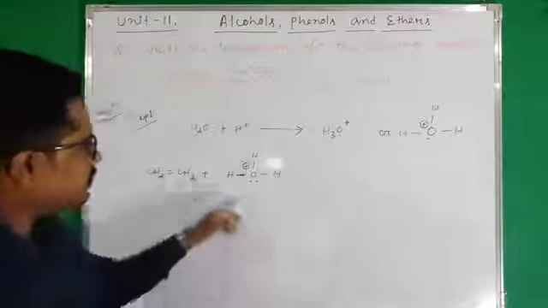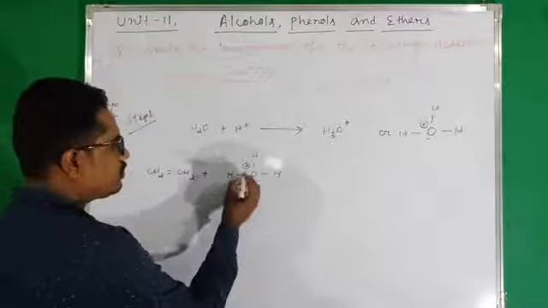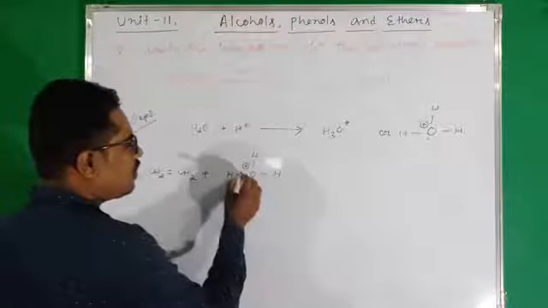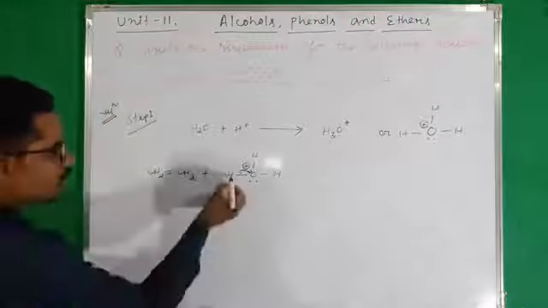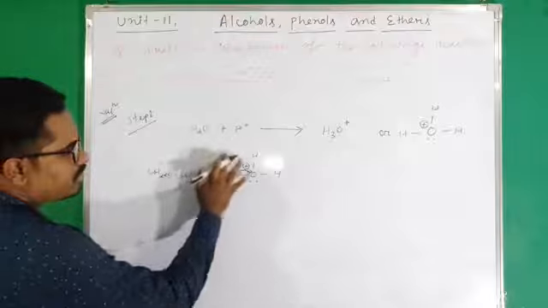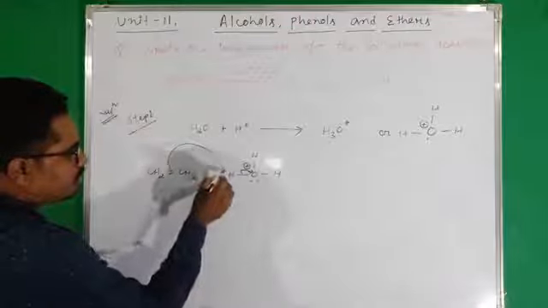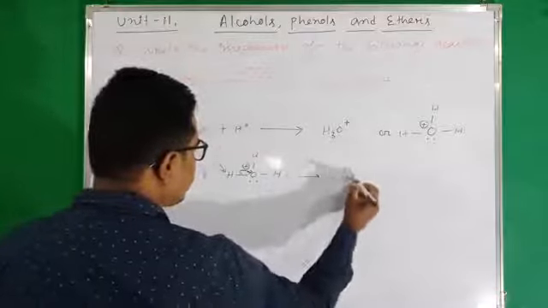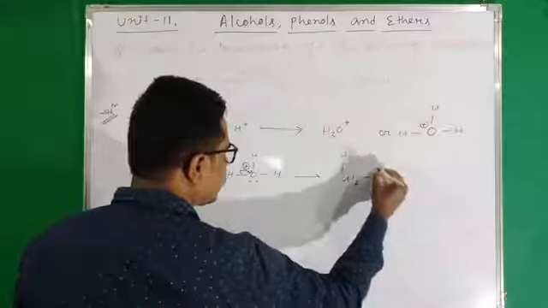So we have seen that one positive charge is present in this oxygen atom, and due to presence of positive charge, the electron of this bond will attract by this oxygen atom. Okay, resulting H positive ion, and this H positive ion will get the electrons of this pi bond, okay, to form CH2H single bond CH2 positive.